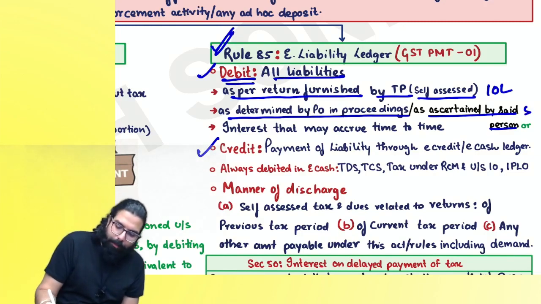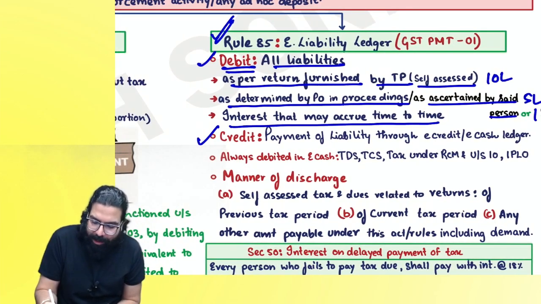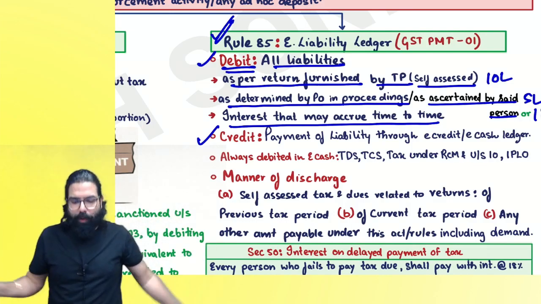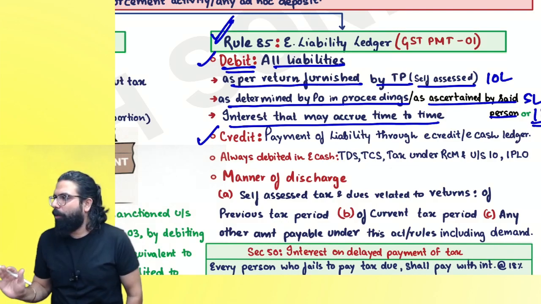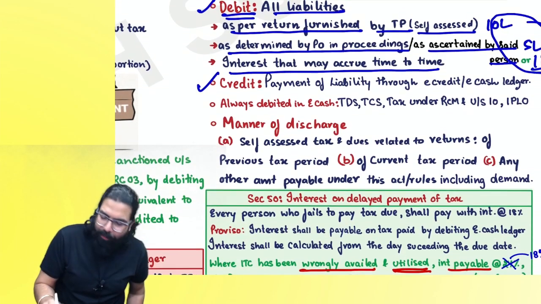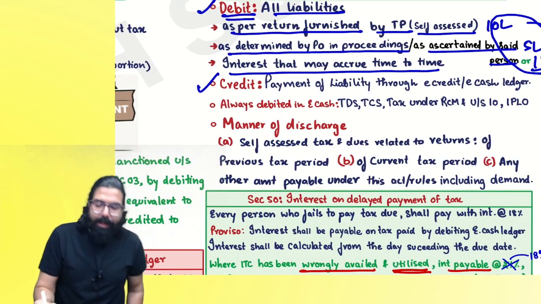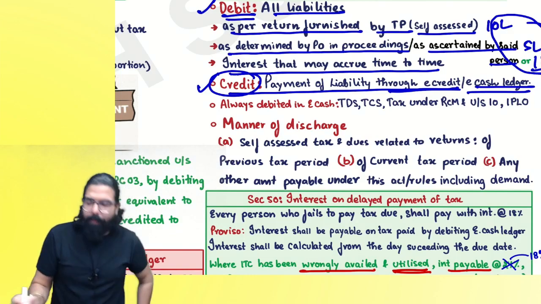So that amount also will come over here. Are we clear, everyone? Or interest that may accrue, supposing 1 lakh rupees of interest. Is everyone clear till here? Can we go ahead? So how much is my liability, everyone? 16 lakh. First, what will I use? E-credit and then e-cash. So it is credited from e-credit and then from e-cash.